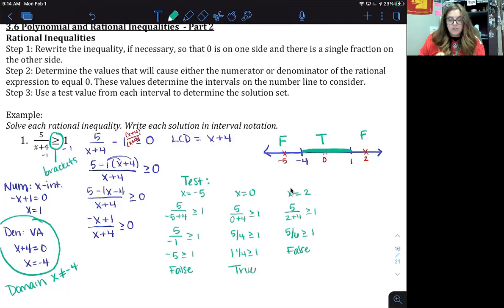But we can't actually equal -4. So here we're going to have a parenthesis. But then at 1, we can equal 1. So we're going to have a bracket. So our answer is going to be from -4 to 1, parenthesis bracket.